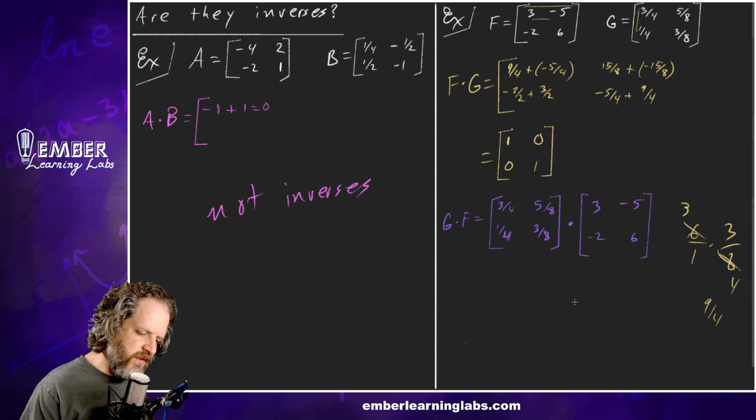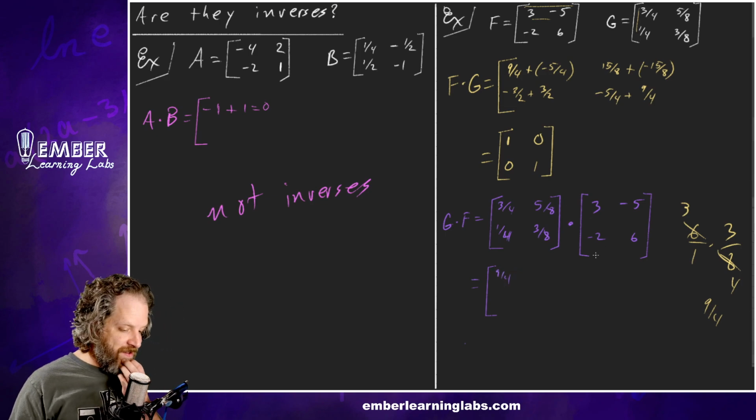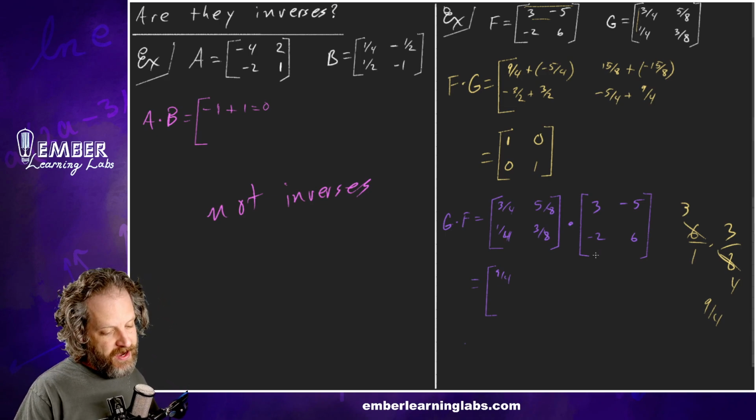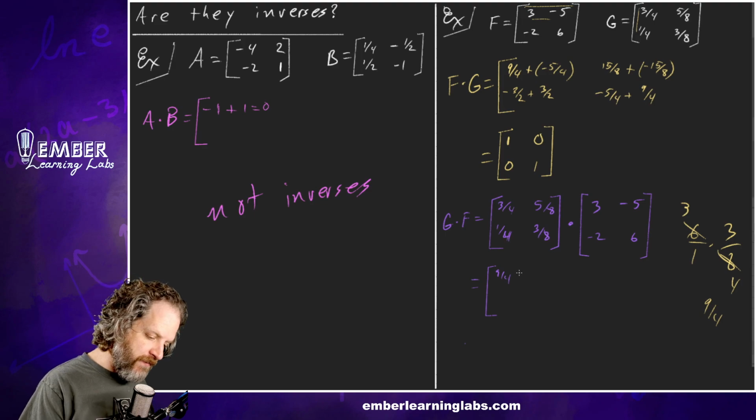Okay, so now 3/4 times 3 is 9/4. See what's happening here, right? So 9/4. 5/8 times -2 is -5/4. So plus -5/4.